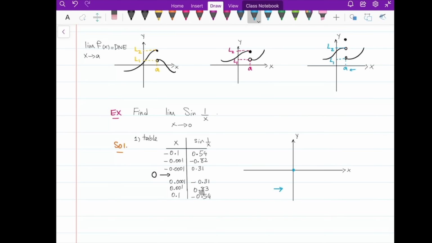And if I approach 0 from the right, the same thing, I get a negative number first, and then a positive number, and then a negative number. What's going on? It's actually oscillating, right?